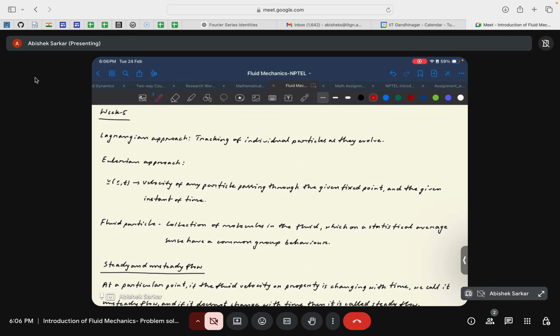So if you remember, I told that the fluid kinematics part usually deals with the motion of fluid, but in a sense that we do not consider the forces that actuate this motion. So we will be dealing with flow velocities and velocity fields, but we will rather not worry about the forces that cause these flows.